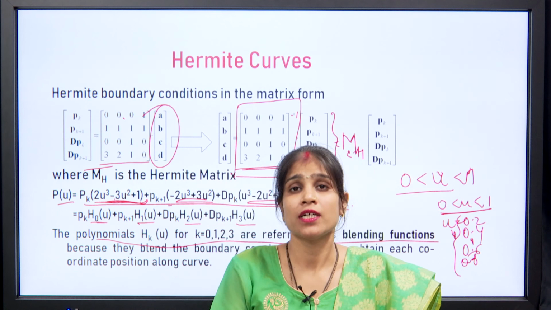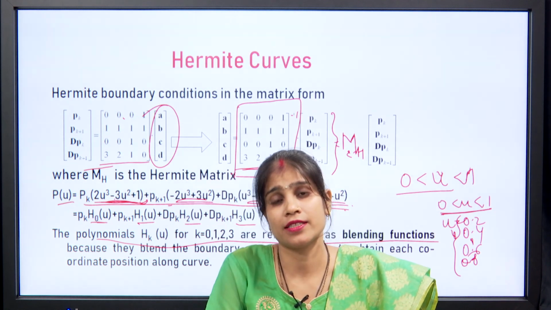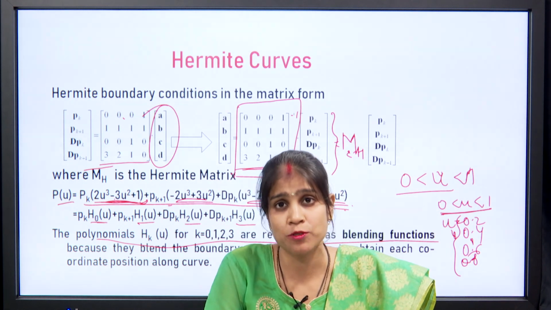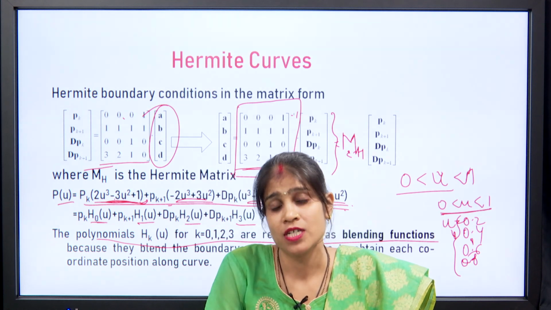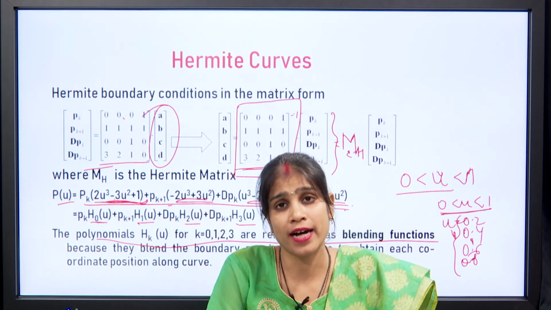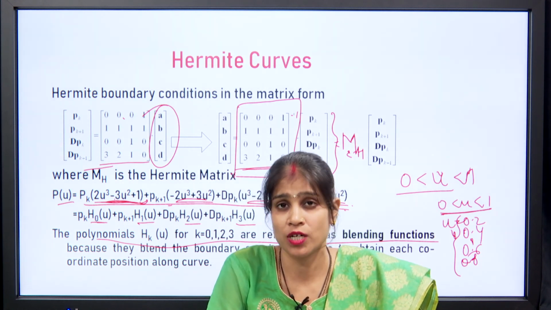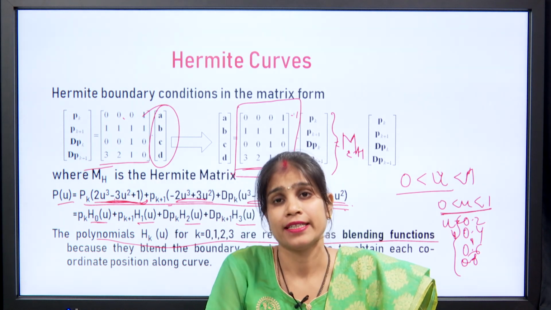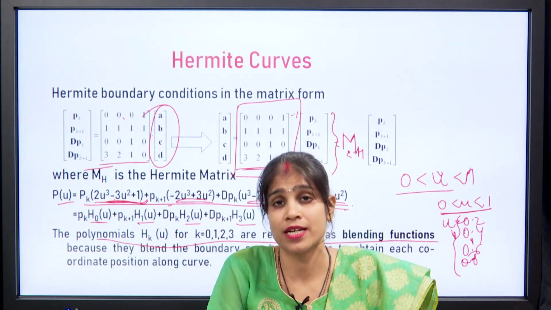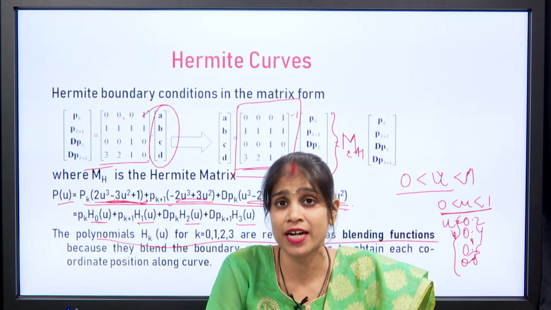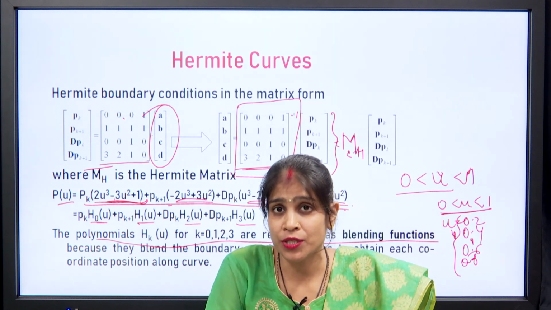This is all about your introductory concepts of spline and Hermite curves. What I have told today is, first of all, what is a spline, then what are continuity conditions, that is parametric continuity and geometric continuity.